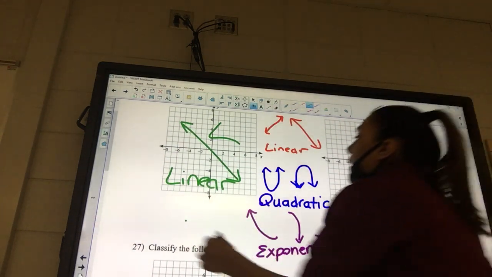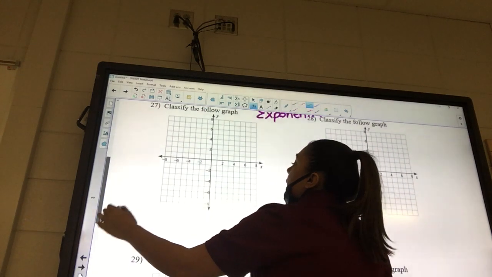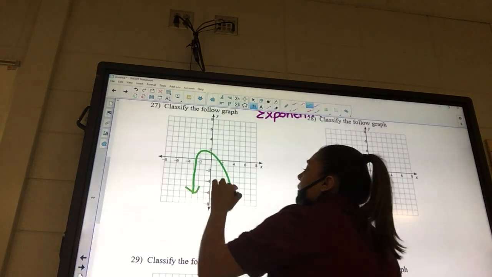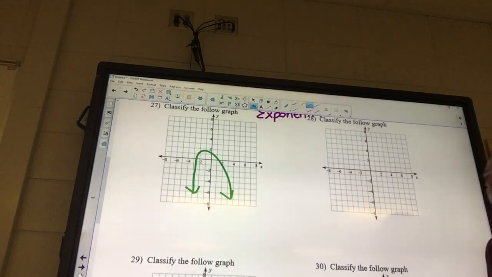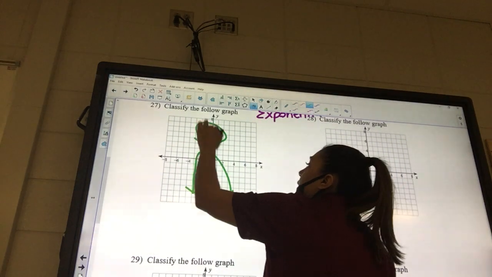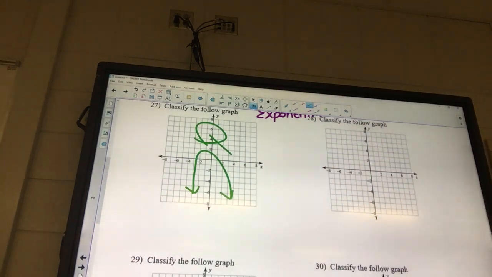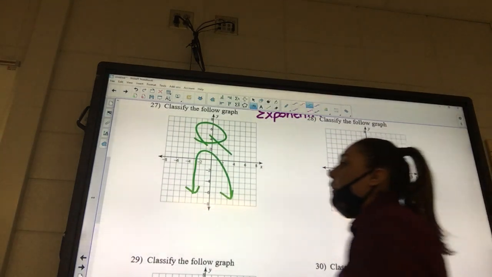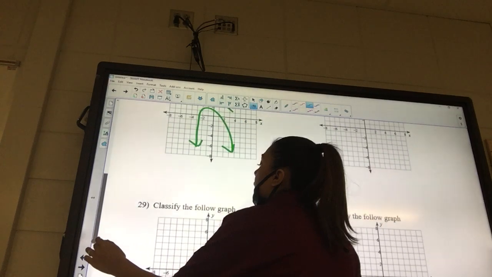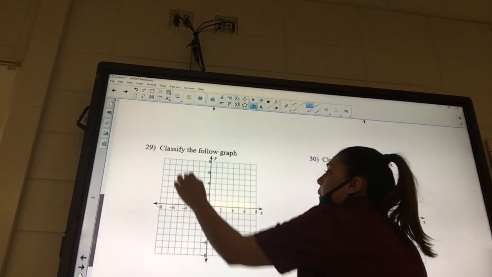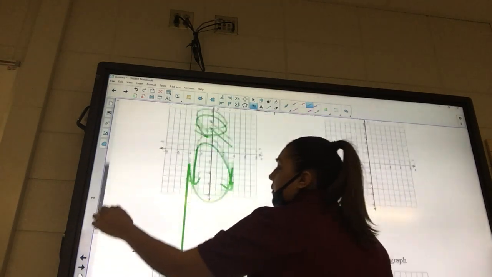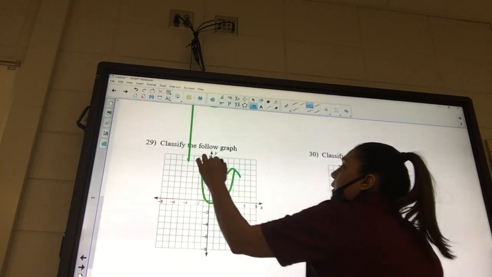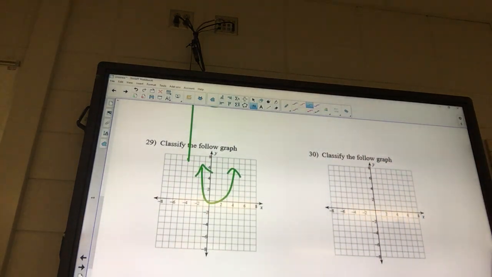Okay, so look at this one. What kind of graph is that? Quadratic. It's quadratic, so you can just write Q on your box. What about this one? What kind is that? Quadratic.